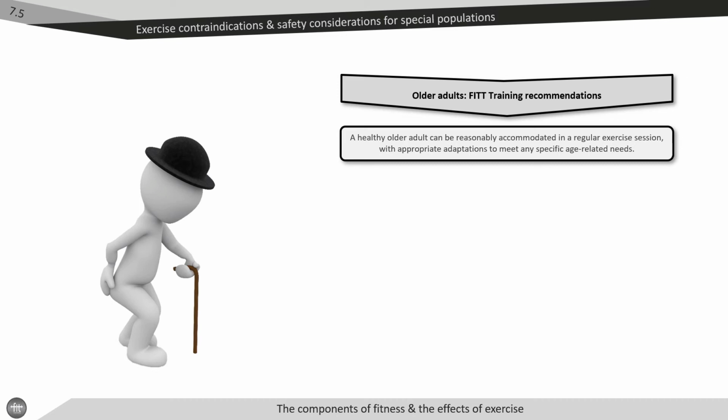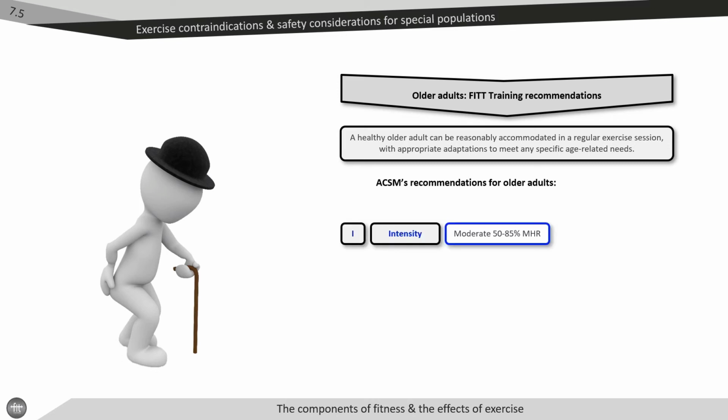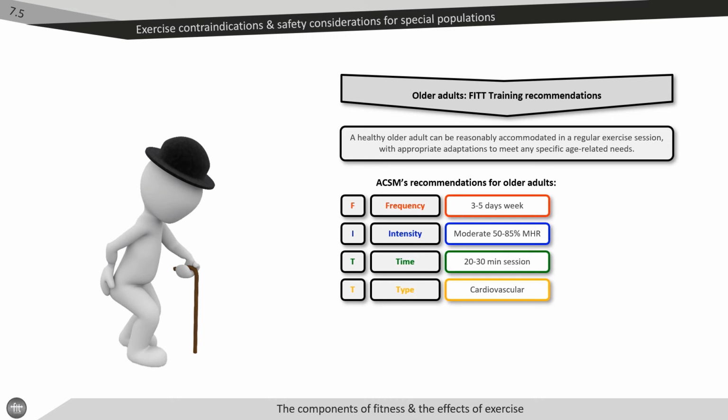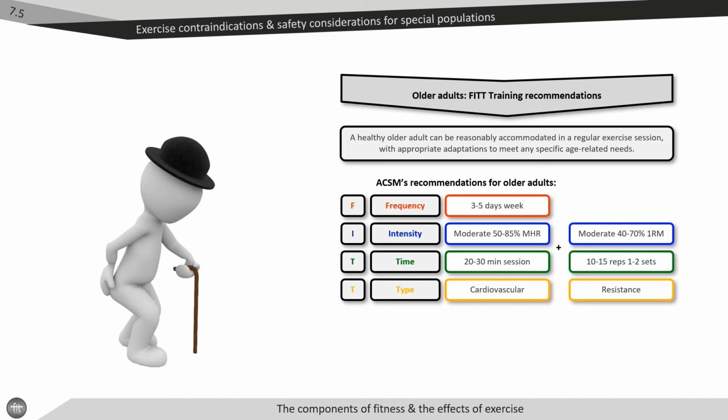The current ACSM FITT principle recommendations to consider when creating programs for older adults include moderate to high intensity activity between 50 and 85% of maximum heart rate for cardiovascular activity of around 20 to 30 minutes over 3 to 5 times a week, with an addition of moderate intensity resistance training between 40 and 70% of 1 repetition max for 10 to 15 repetitions over 1 to 2 sets.